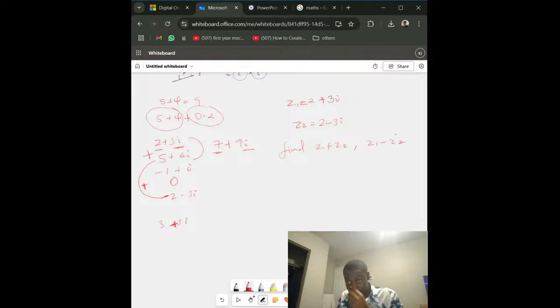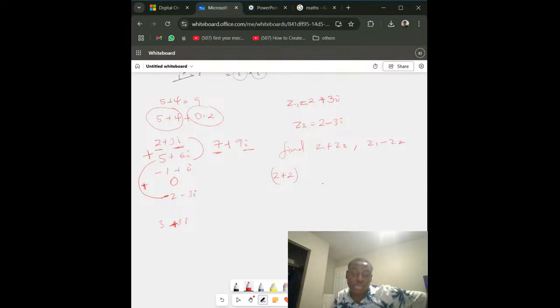Okay, so in this case, remember always real parts together, imaginary parts together. It doesn't matter what the question is, doesn't matter anything that's going on in your life, any issues you may have, it's always real parts together, imaginary parts together. Always, always, always. So in this case, the real parts together would be 2 plus 2.